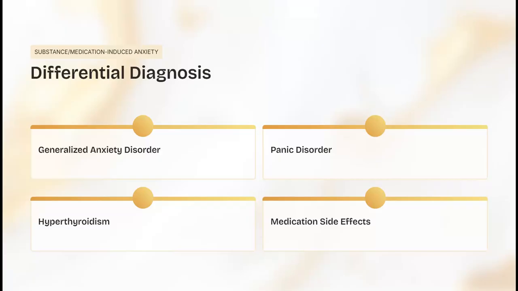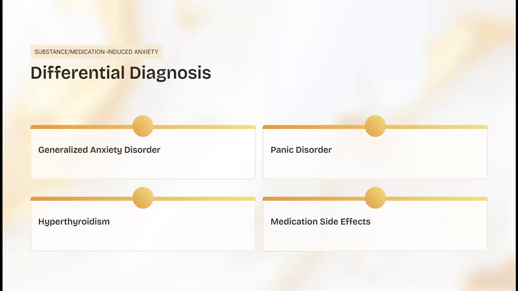So this didn't just happen. This is chronic. Generalized anxiety disorder is chronic. Remember, I gave you at the very beginning time frames for anxiety. Panic disorder that's recurrent or unexpected panic with persistent anticipatory anxiety that's different from the substance-induced panic.